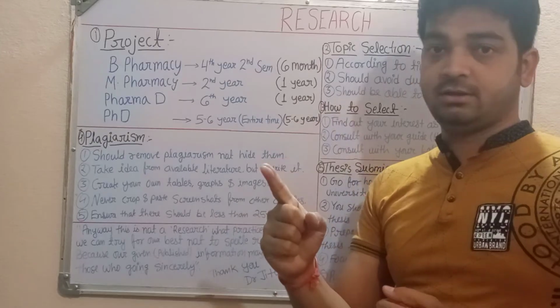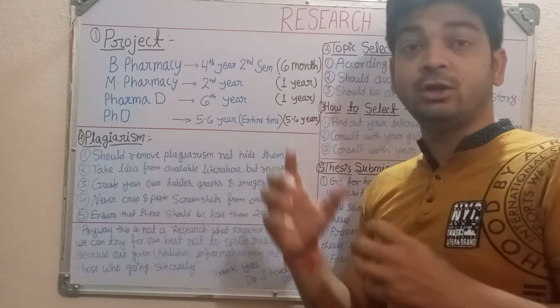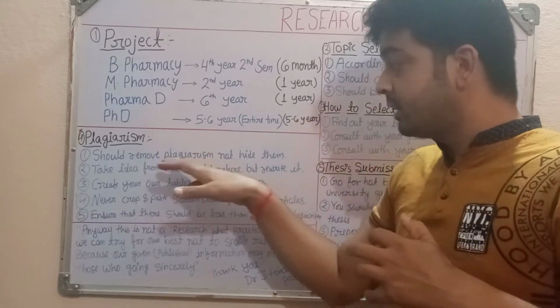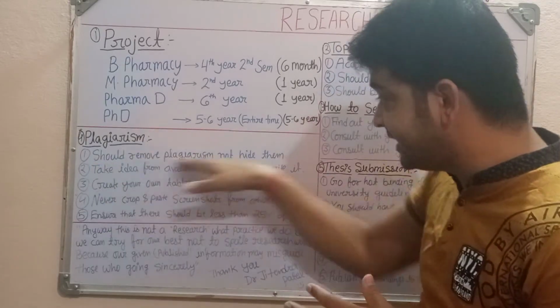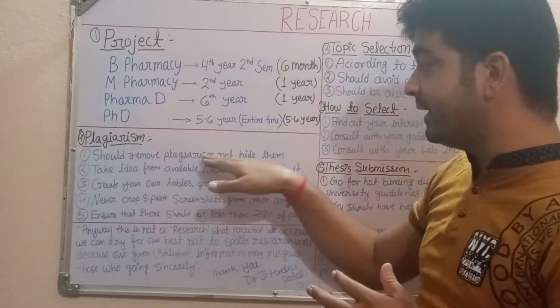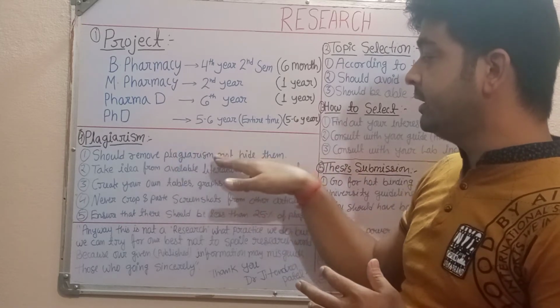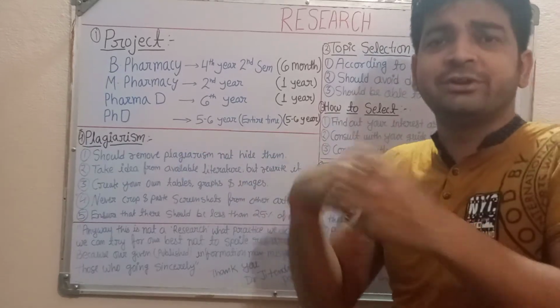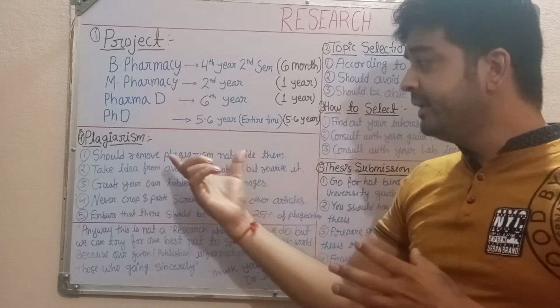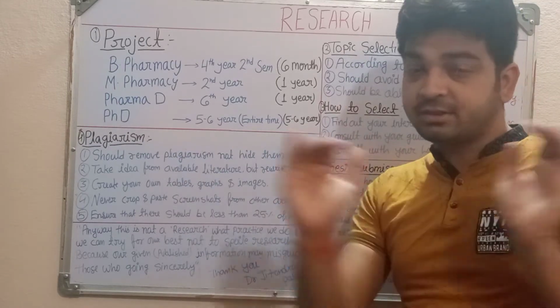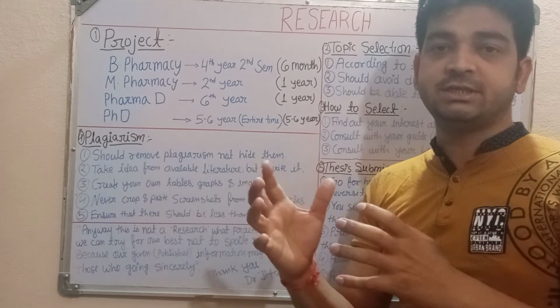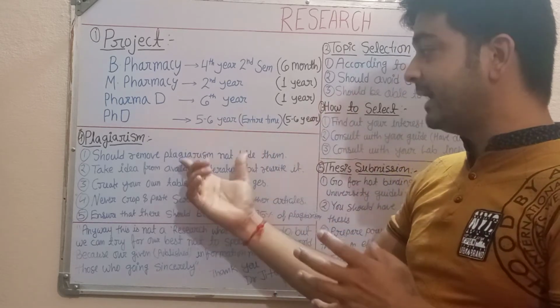That is unethical. You should not try to hide it. Suppose this word is there, but this sentence you can change, no? Should remove plagiarism, not hide it, right? So plagiarism should be removed and not hidden. You should rewrite it, the meaning will be the same, but the formation of the words is going to change, right? That is what should be done.